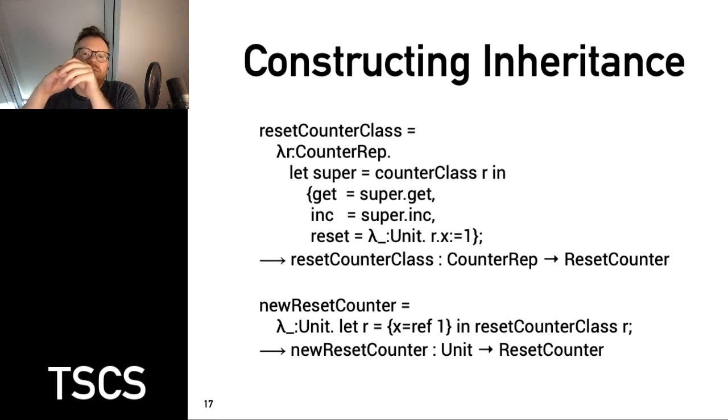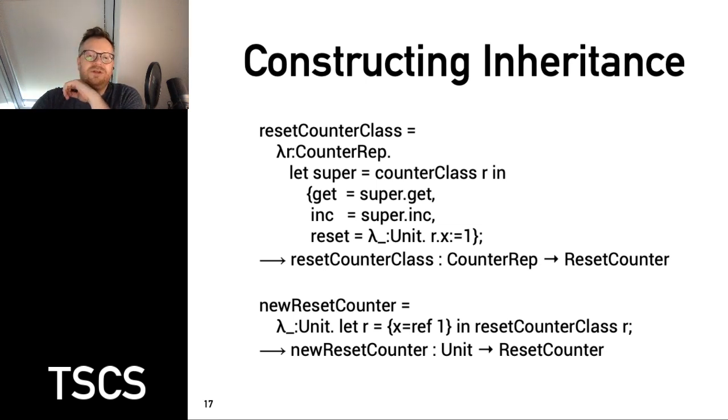And instead of implementing the get and the inc method ourselves here, we just refer to get and inc. And as you can see, this is not a call. This is actually a reuse of that record field of that super class. So what is super get?